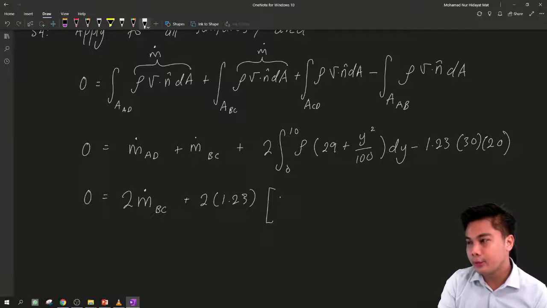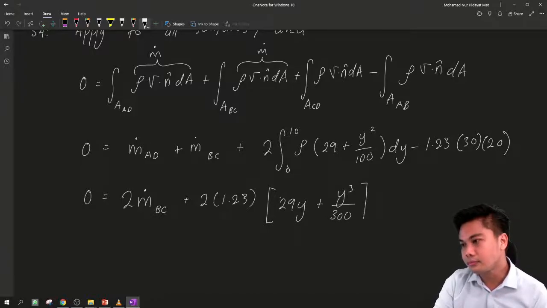Integrating 29 with dy, we get 29y plus y squared, which is y cubed over 3 multiplied by 1 over 100, which is 300. From 0 to 10 is the limit of the integral.